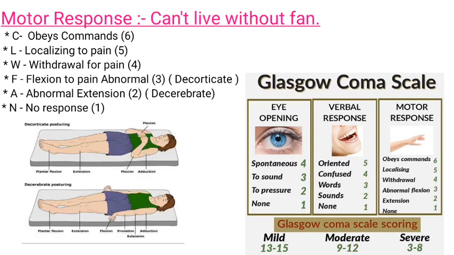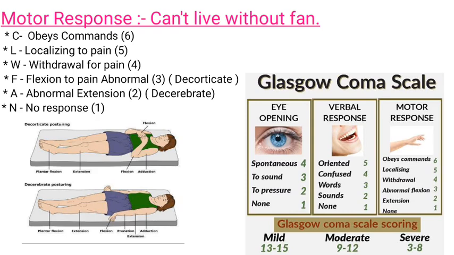Then F stands for flexion to pain, abnormal. 3 means decorticate, a flexor response: internal rotation of shoulder, flexion of forearm and wrist with clenched fist, leg extension, plantar flexion of foot.